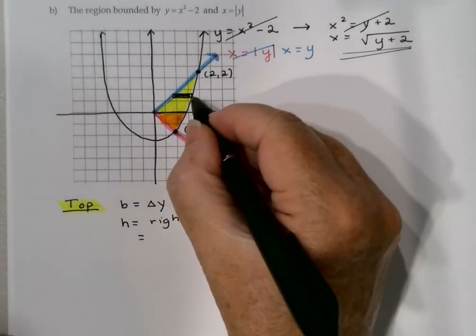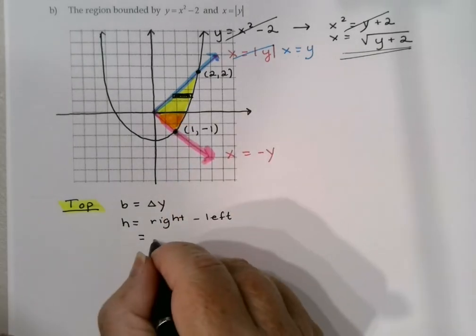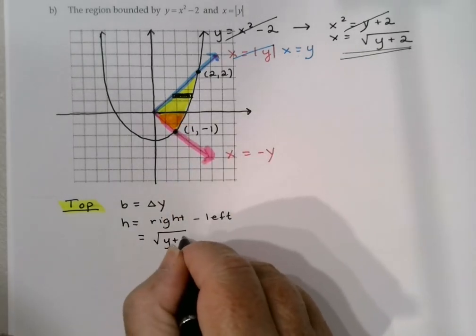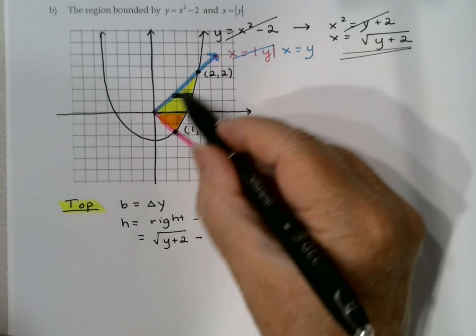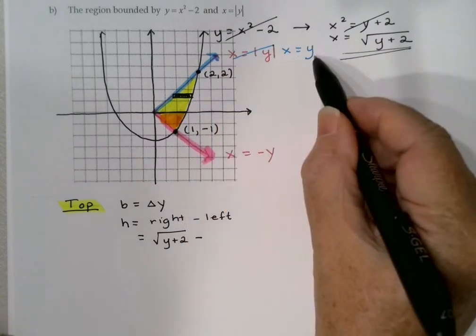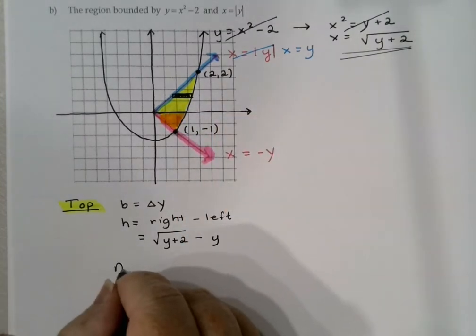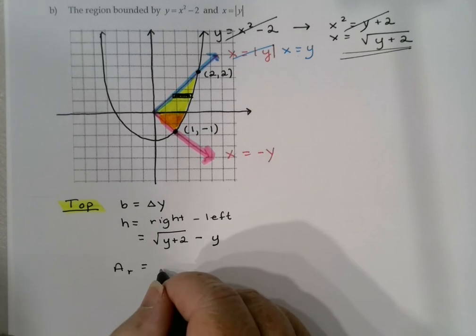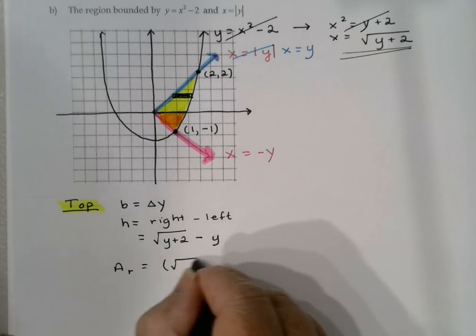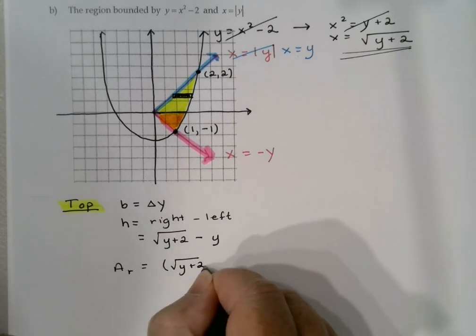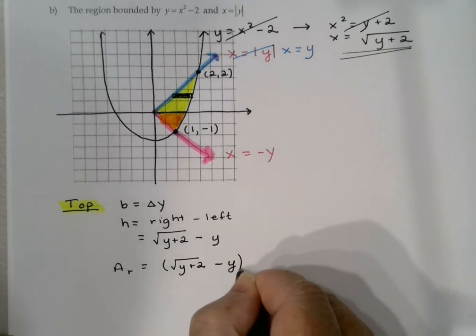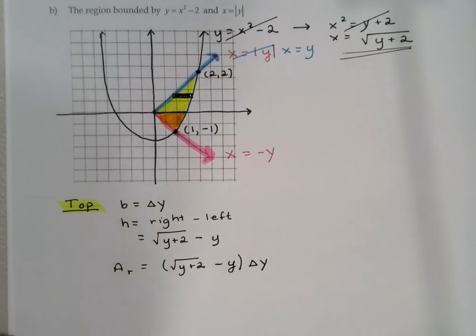Right is the parabola, square root of y plus 2. Minus left is this line, where x equals y. So the area of my rectangle, base times height, square root y plus 2 minus y times delta y.